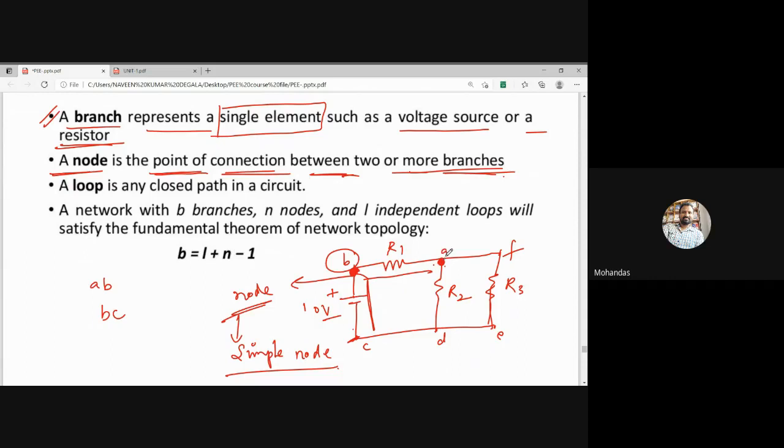But let us take this node 1. At node 1, how many elements are connected? The branch BA is connected, AD is connected, R3 is connected, AE is connected. How many branches are connected at node 1?